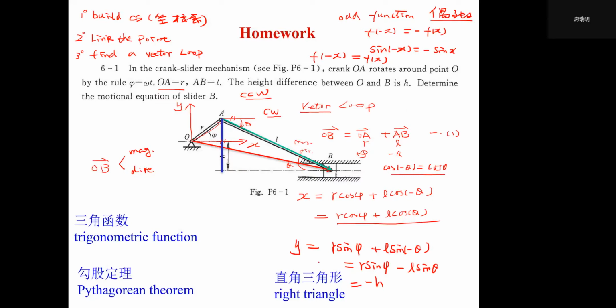So actually we can find it is true. You can see it is always minus h. It has nothing to do with time t, right? So it's a constant.